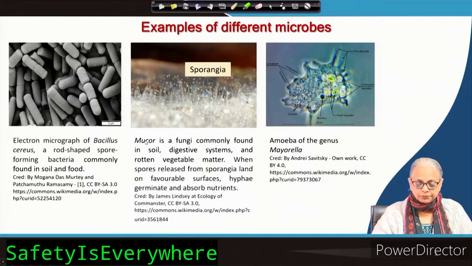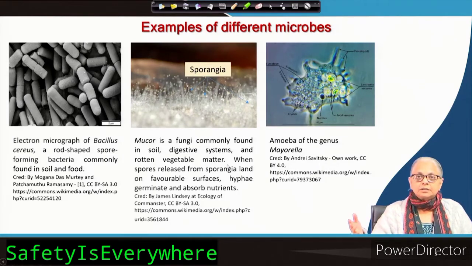This is mucor. Mucor is very common. It's a mold that grows on food. So in this case, it's mentioned that mucor is a fungi that's found in soil, digestive systems, rotten vegetable matter.